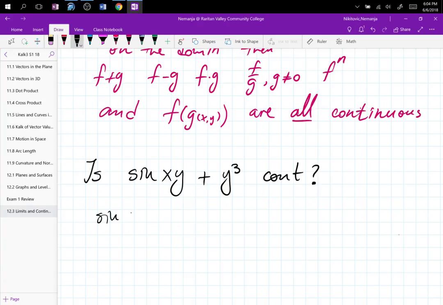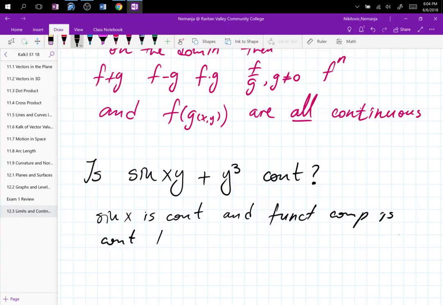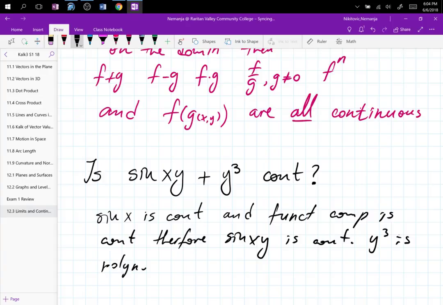So now I have that sine x is continuous, right? We know that from Calc 1. And function composition is continuous. Therefore, sine xy is continuous. y cubed is a polynomial. It will be z equals y cubed. That's a polynomial. Therefore, continuous.